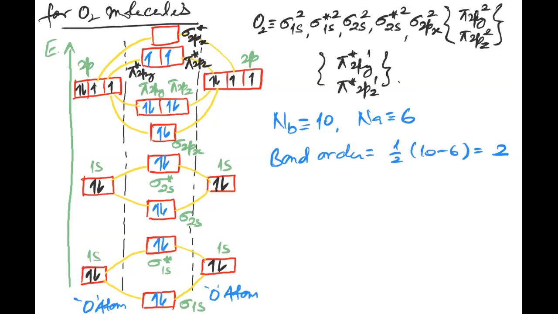As far as O2 is concerned, it has 2 unpaired electrons, and thus O2 is found to be paramagnetic.